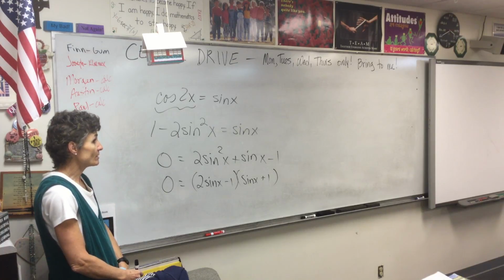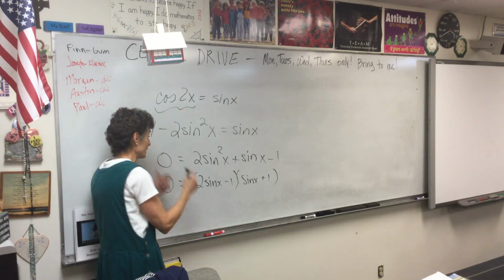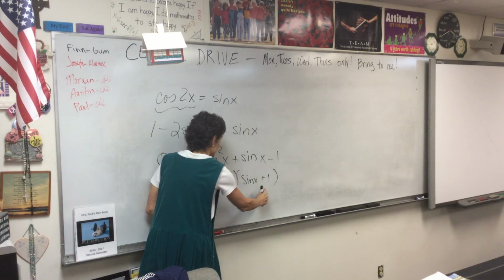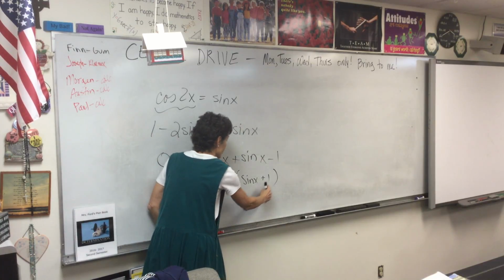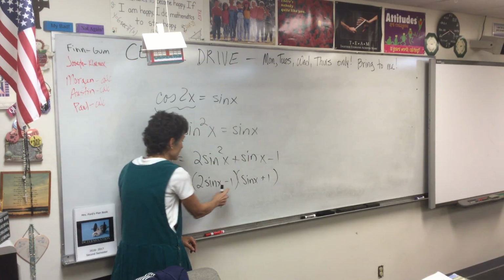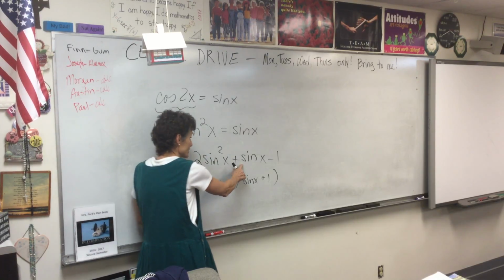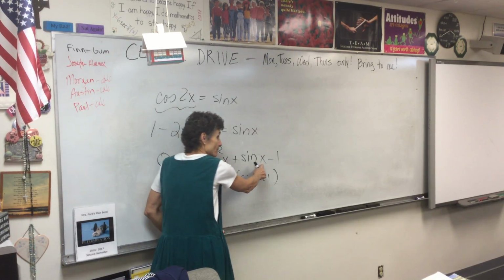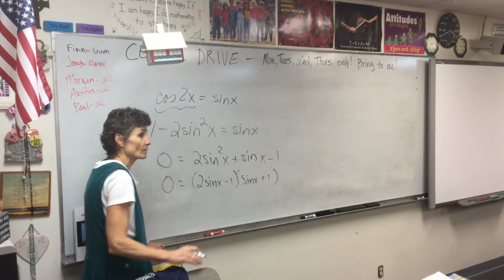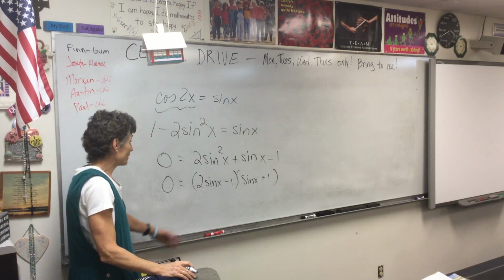Now, if you're just staring at that, you should be trying to FOIL it in your head. What do the outsides give you? 2 sine. What do the insides give you? -1 sine. What's 2 sine minus 1 sine? 1 sine. So there it is factored.